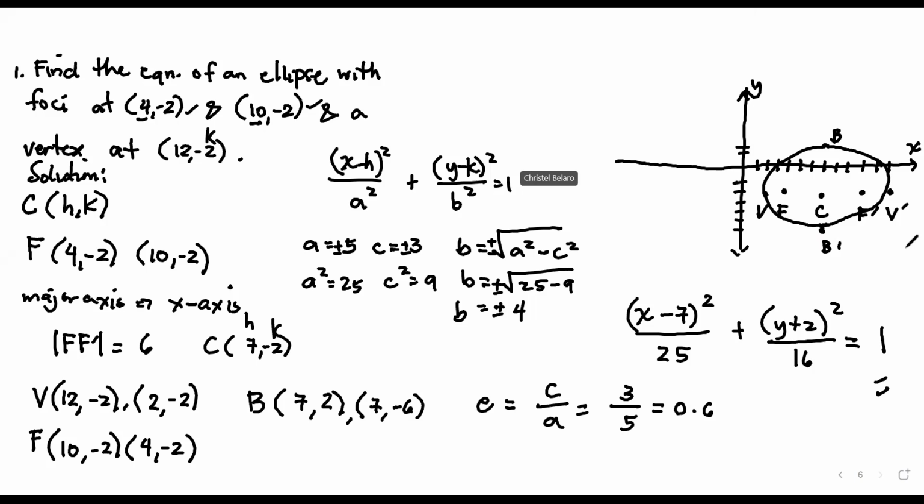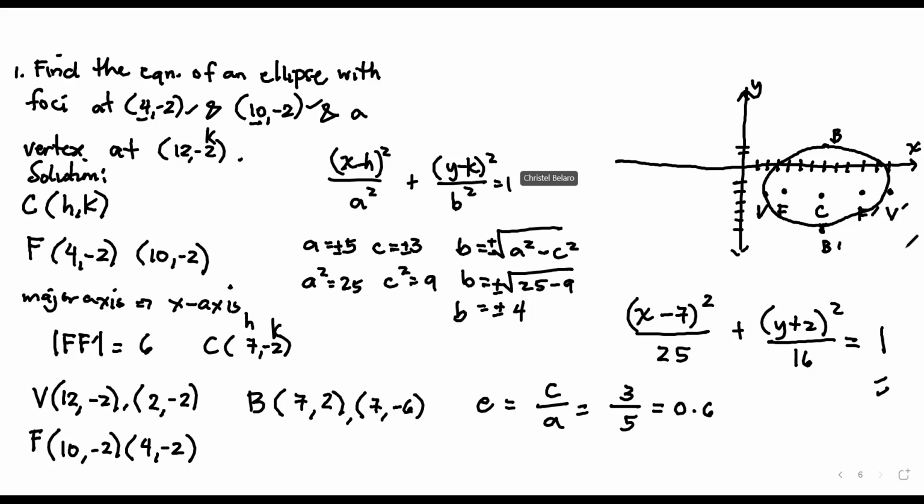How are we going to summarize? So it says here that as E approaches 1, ibig sabihin pag ang value ni E ay malapit kay 1, and C approaches A, yung value naman ni C ay papalapit sa value ni A, and B approaches 0.